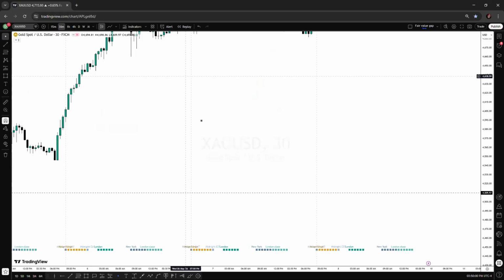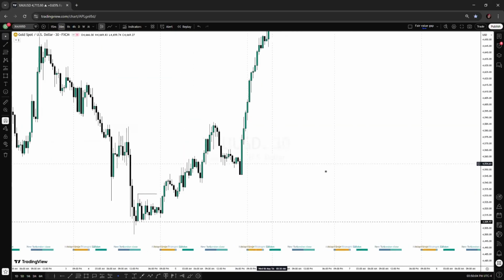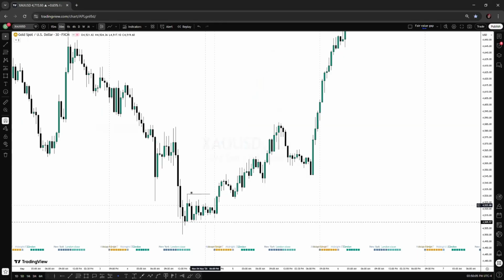Going to M30, what can you see? You see that on M30, we also have that shift that was present, and then we now started having break of structure to the top side. Now, we took off this level, right?